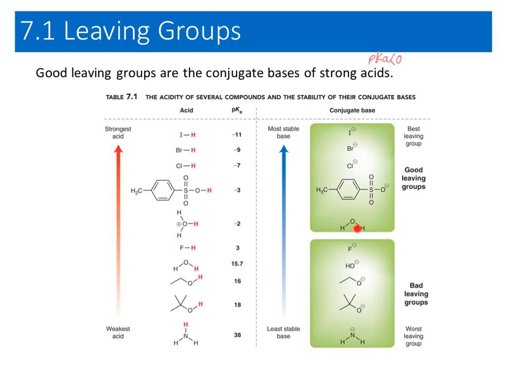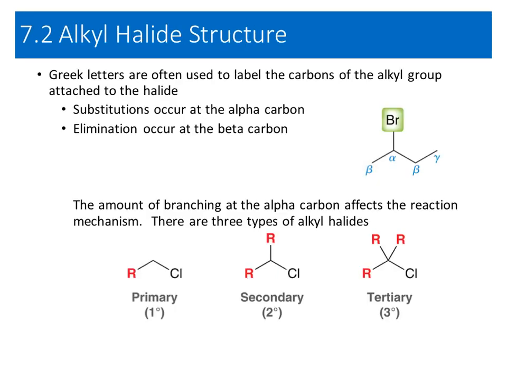So the best leaving groups that we can deal with are water, tosylate. This is the structure of tosylate. We are going to talk about that later. Chlorine, bromine, and iodide. And if you compare their acids, all of them have a pKa less than 0, which makes their conjugate base a good leaving group for our purposes.